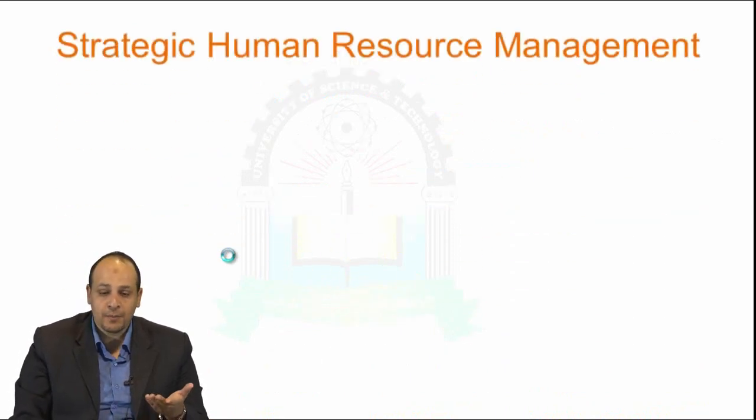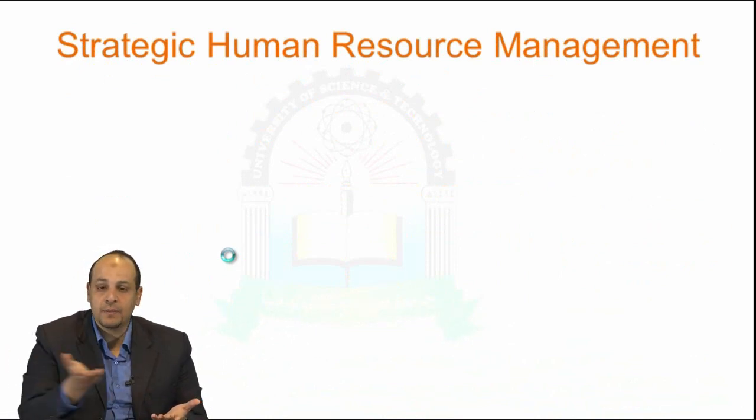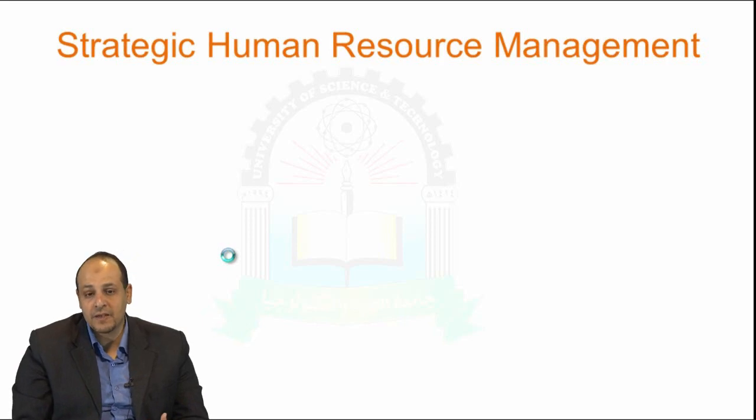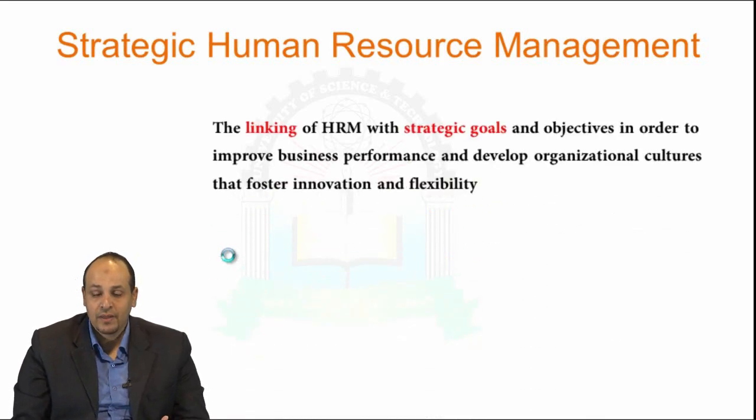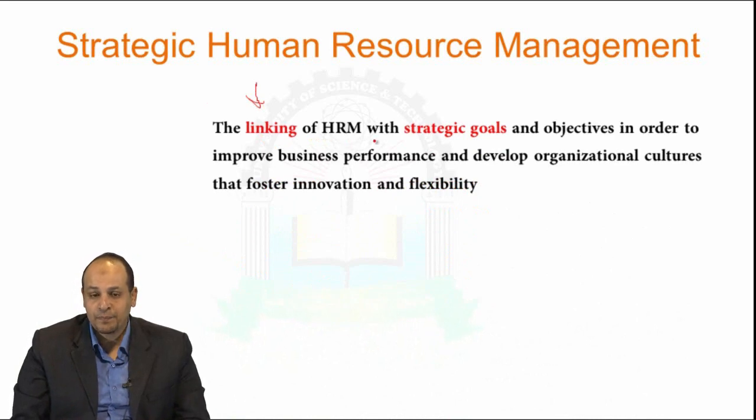So if the function is the product department, marketing, financial, sales, all these functions have their own strategies. Human resource management will support these departments with the behaviors needed to achieve these strategies, and that is through the right recruiting, hiring the best employees, a compensation system that fits what is needed, etc.